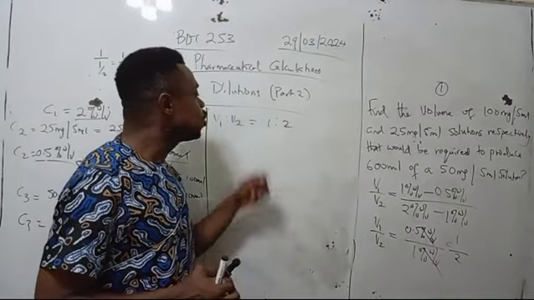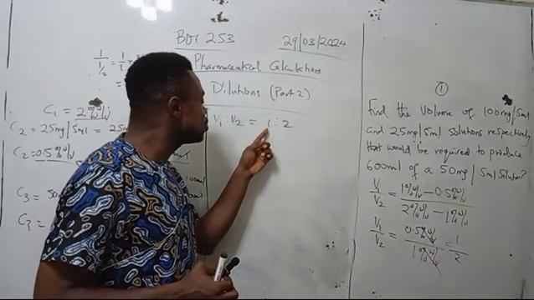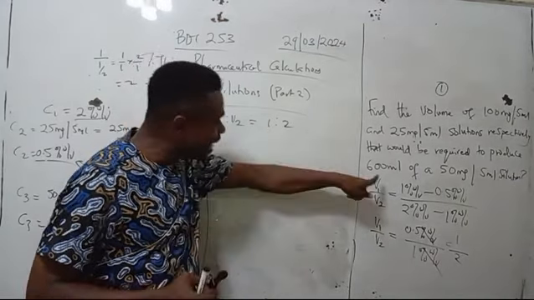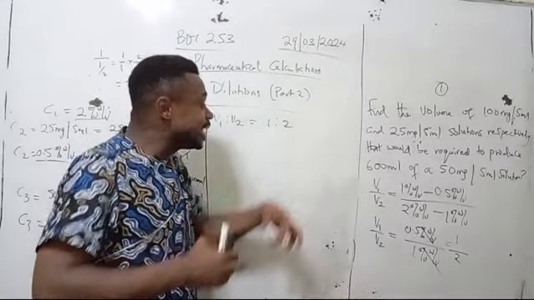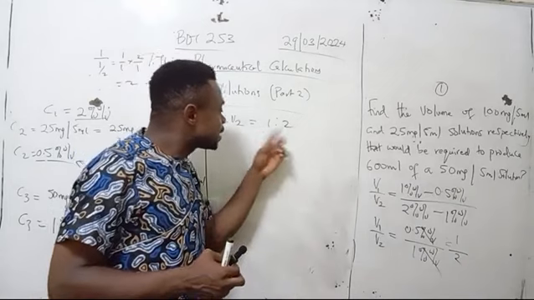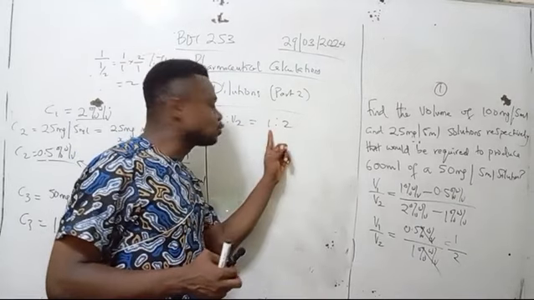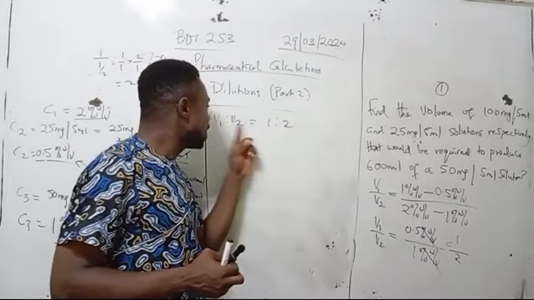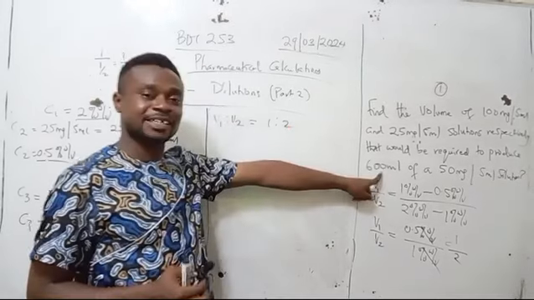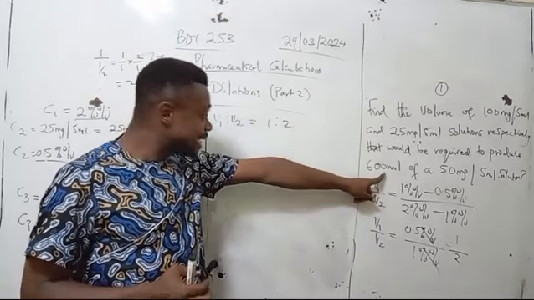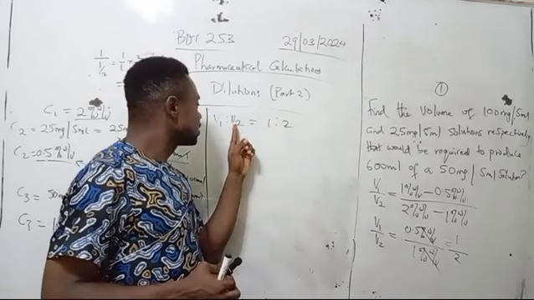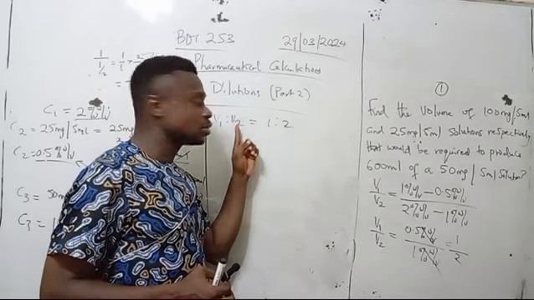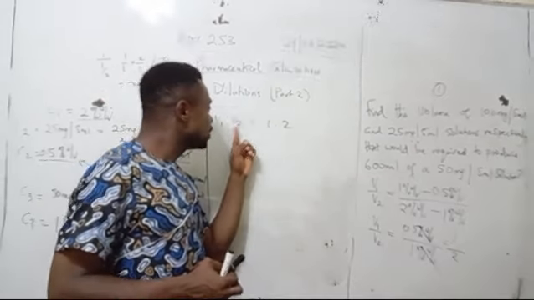We first calculate the total parts. Total parts here is what? 1 plus 2, which is 3 parts. So V1 is 1 part, and V2 is 2 parts.